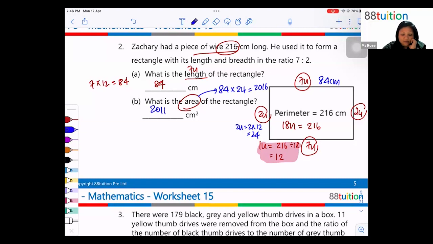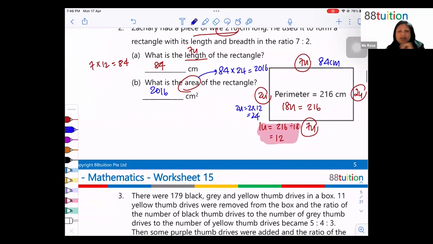So this is 2016. Okay. So that's how we do it. It is always important that you label every part, whenever we do figures questions like this. You need to label so that you know what you're finding. Labeling is important to help you solve the question.